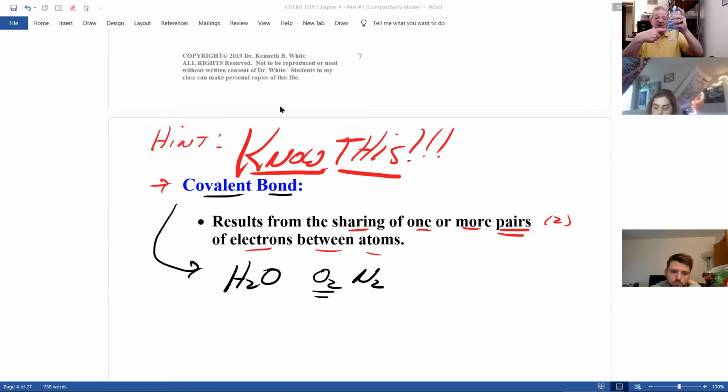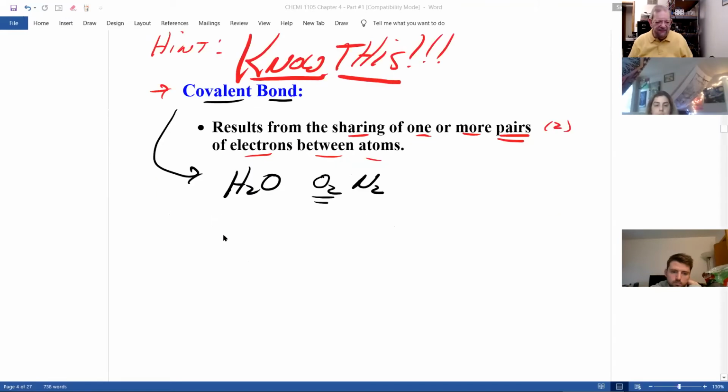Oh, I just drank some covalent bonds in my water. Think about that next time you drink water. Now you don't have to. But a covalent bond is the sharing of one or more pairs, remember pairs means two, of electrons between atoms.